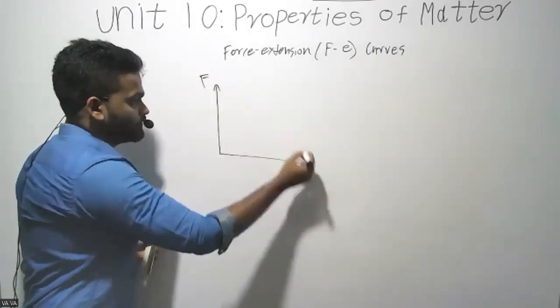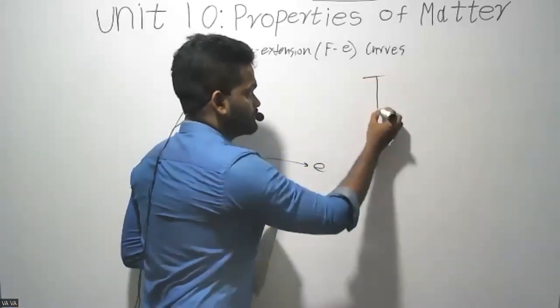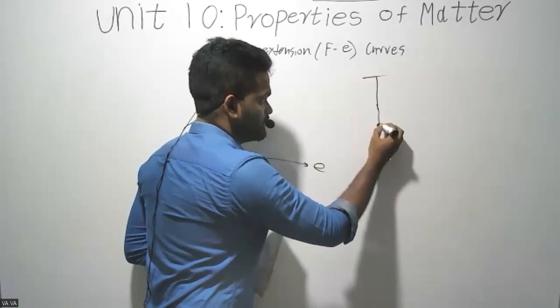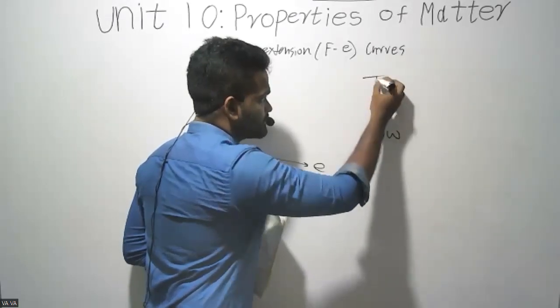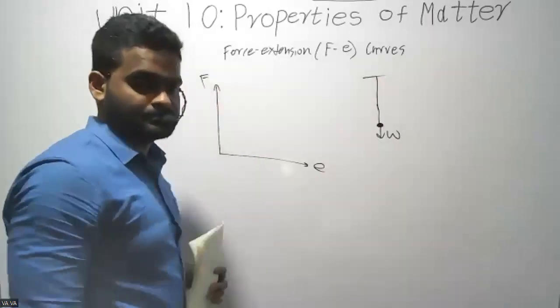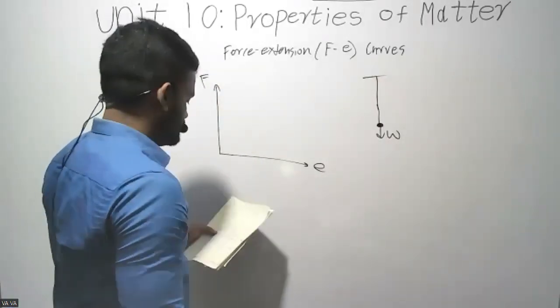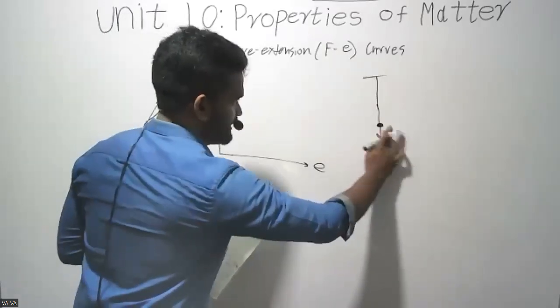Okay, so this is force and this is extension. So what do we do? We hang a weight from this wire. This weight means force, right?